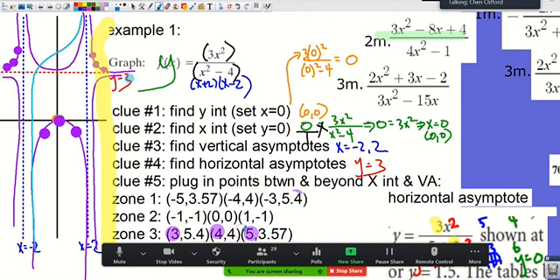And then again, you just do the same thing. You don't have to go back to second window and do the independent ask, dependent auto, because you only need to do that once. You can go straight to second graph table and just input 3, input 4, input 5, and it will spit out these y coordinates.